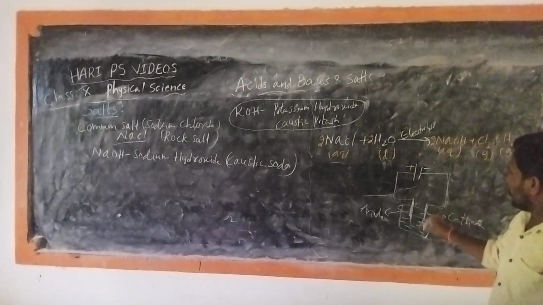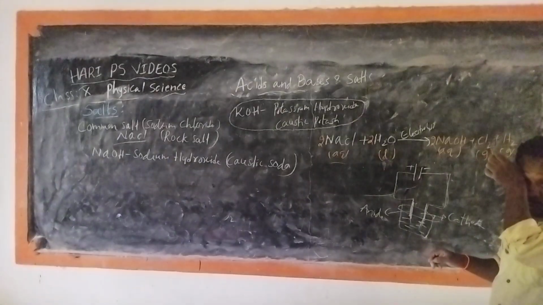The electrode, metallic rod or carbon rod, connected to the positive terminal of the battery is called the anode. The electrode connected to the negative terminal is called the cathode.